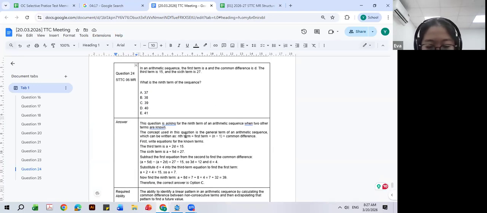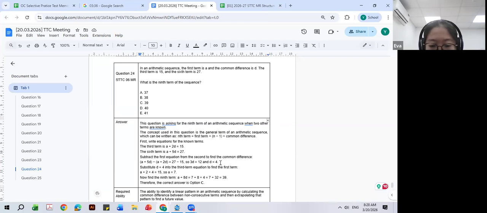We can use the rule that the nth term equals the first term plus n minus 1 multiplied by the common difference. So the third term is a plus 3 minus 1, which is 2, multiplied by the common difference d. The third term is 15 and the sixth term is 27, and we take the sixth term minus the third term.